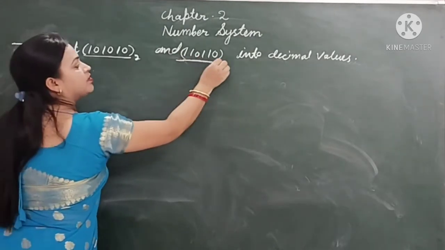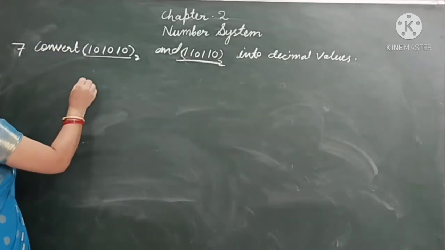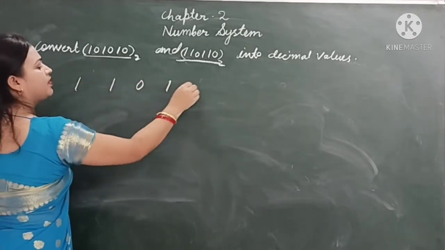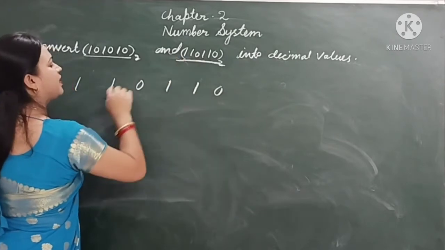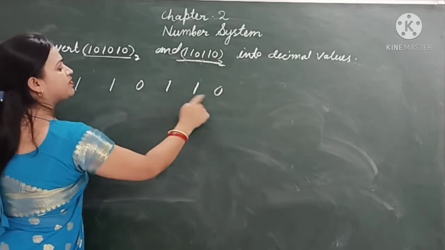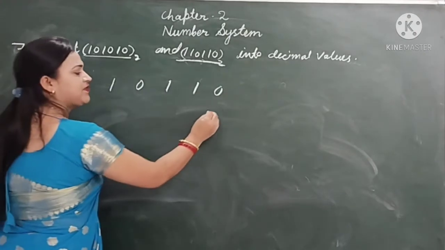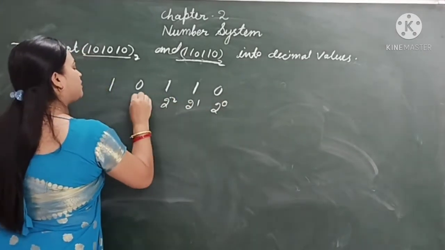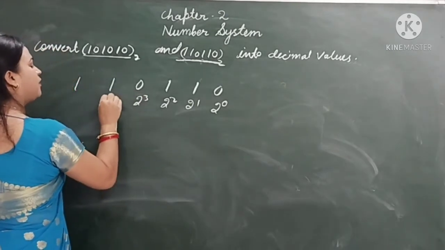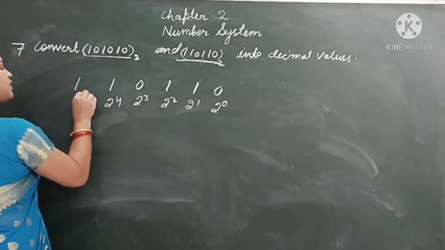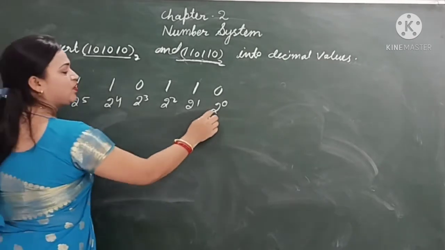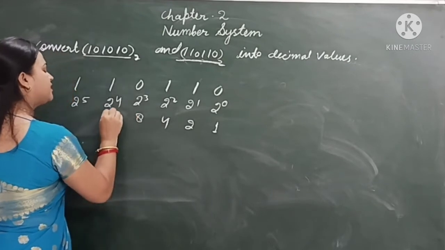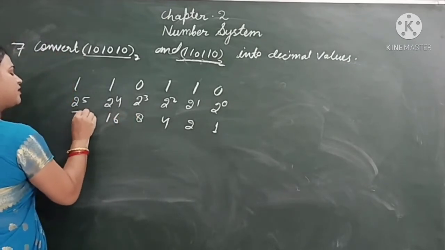Next, this one, let us solve this. Again we will write the digits: 1 1 0 1 1 0. Then we write the place values. Again 2 raised to power 0, 1, 2, 3, 4 and 2 raised to power 5. The values are 1, 2, 4, 8, 16 and 32.